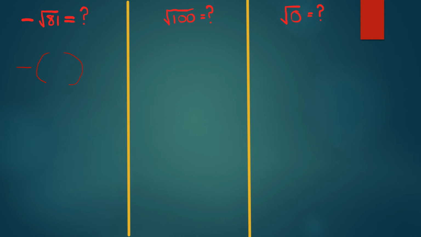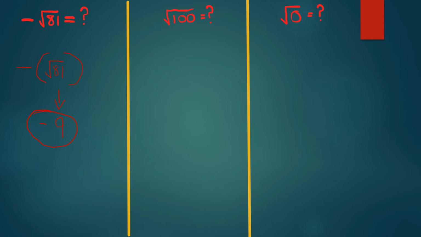We'll keep that negative sign over here for now. So we know that the square root of 81 is 9. Don't forget to bring down that negative sign. And there you have it.